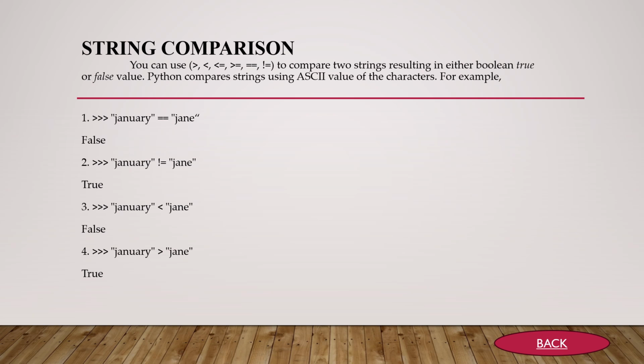January is not equal to Jan is true, January is less than Jan gives false, and January is greater than Jan gives true.